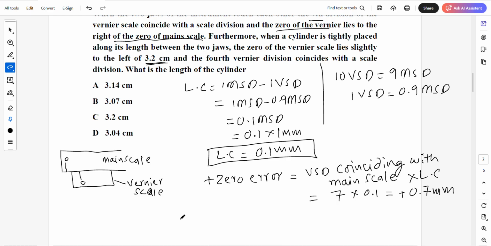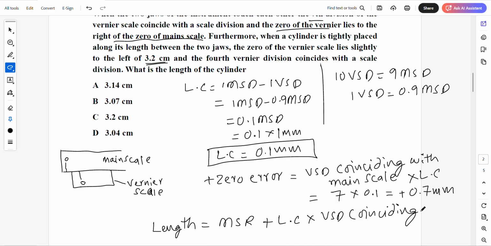Length is equal to main scale reading plus least count into VSD coinciding with main scale minus zero error.